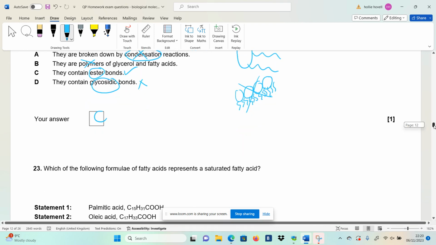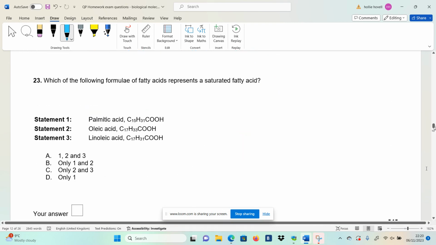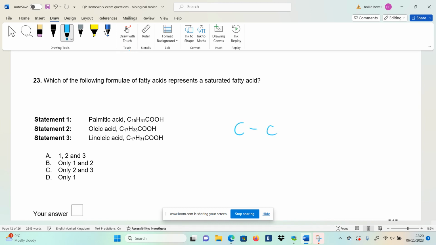Question number 23. Which of the following formula of fatty acids represents a saturated fatty acid? Okay, so a saturated fatty acid simply means that every single carbon has 4 single bonds with hydrogens on there, and it's saturated with hydrogens.